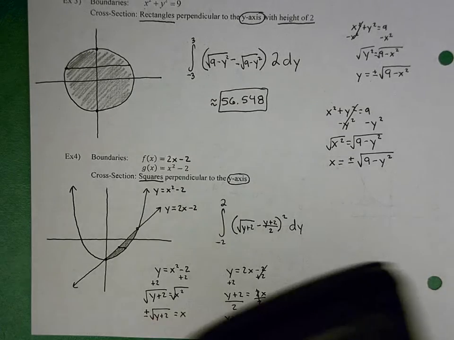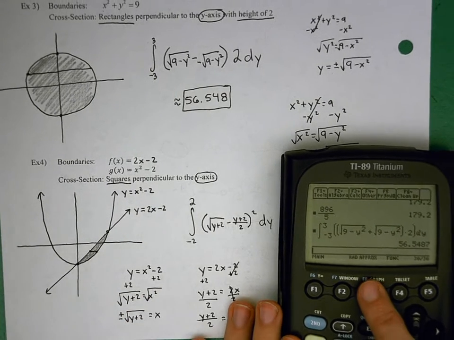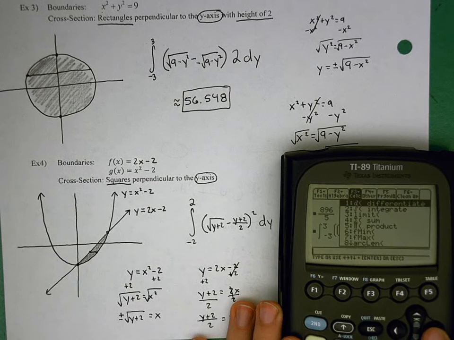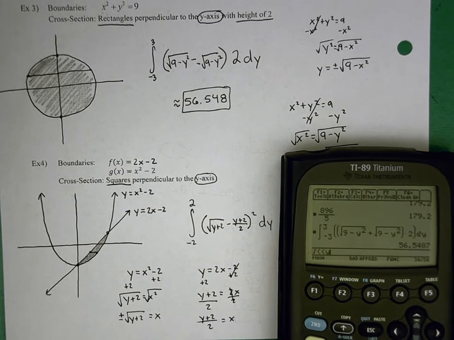Okay, so on the 89, you're going to hit F3 for calculus. Okay, and then it's number 2, integrate. We're going to type in our function here: square root of y plus 2 minus y plus 2 over 2, and that's squared.